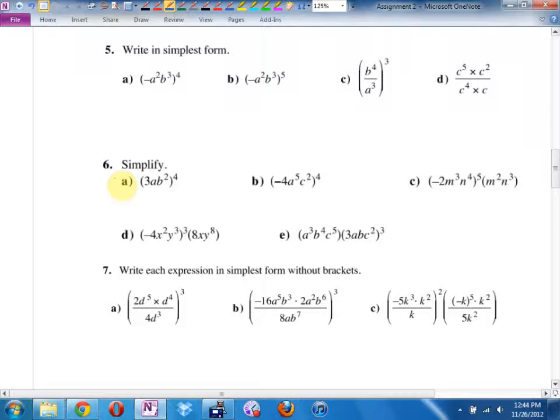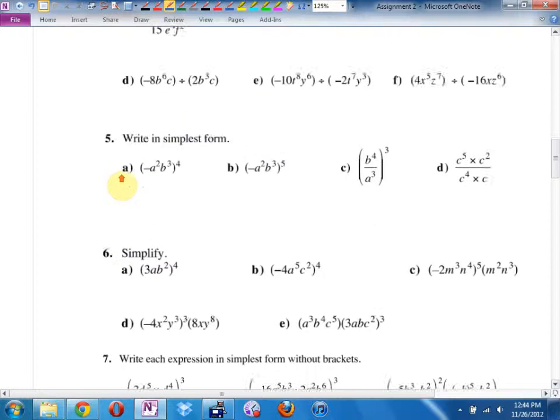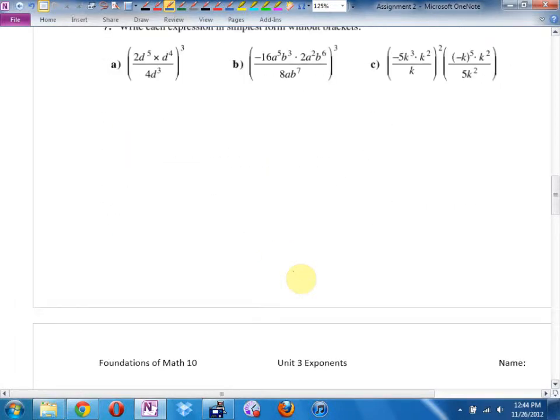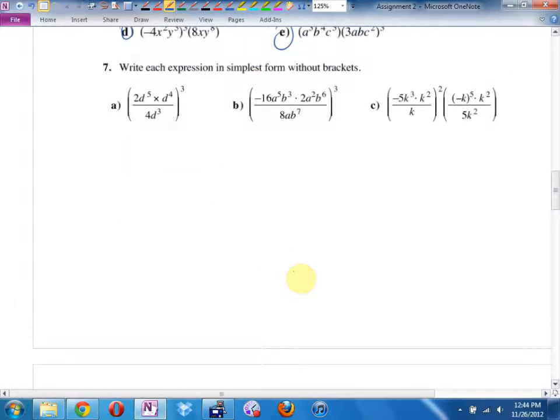You guys seem to be getting the hang of this, so I'm going to say skip 4, skip 5. In fact, I'm even going to say try 6D and 6E. I'll give you the nasty ones. If you can get those, then you're in great shape. If you're having trouble with D and E, go back and you can try A and B and C for more practice. 7's got some lovely nasties.